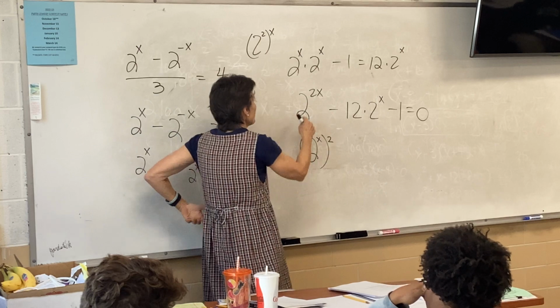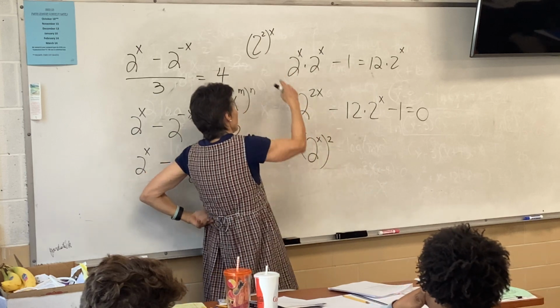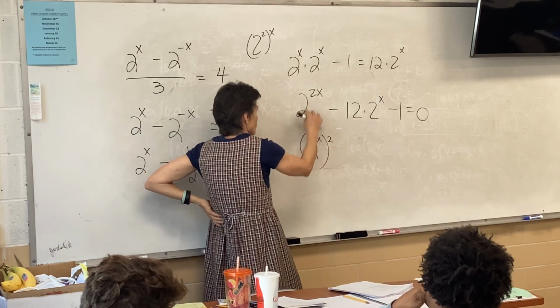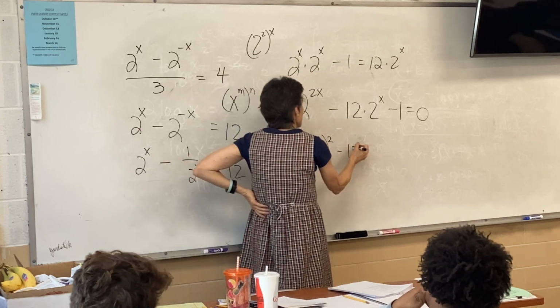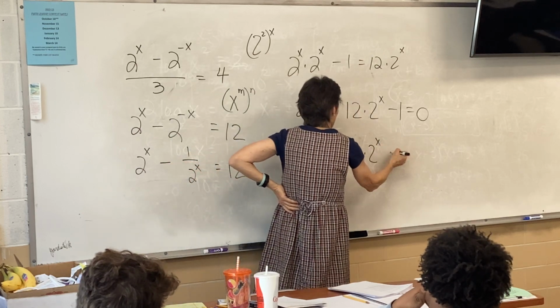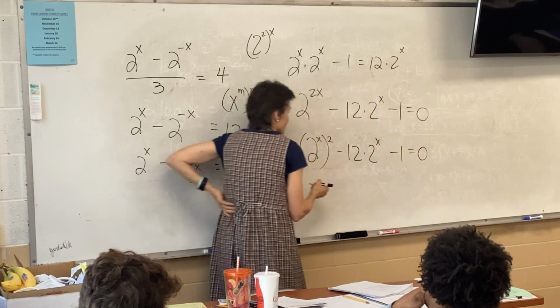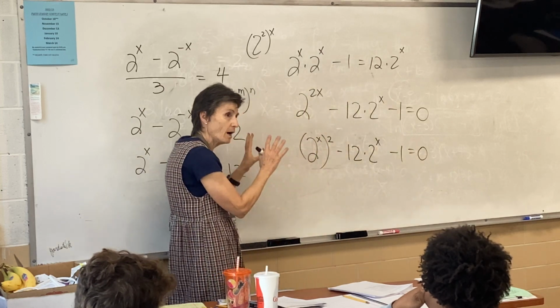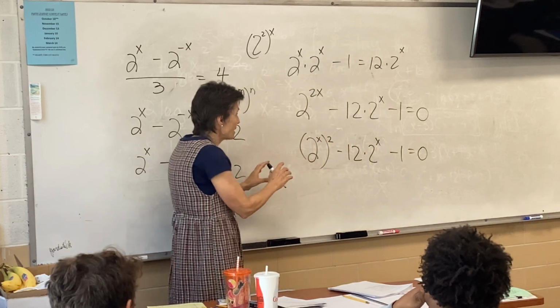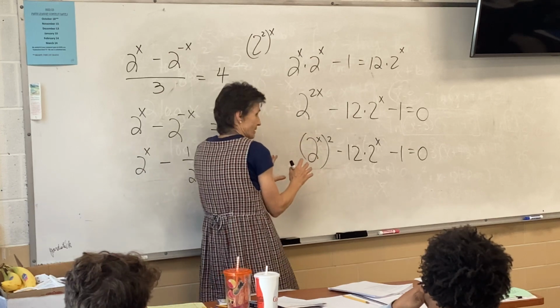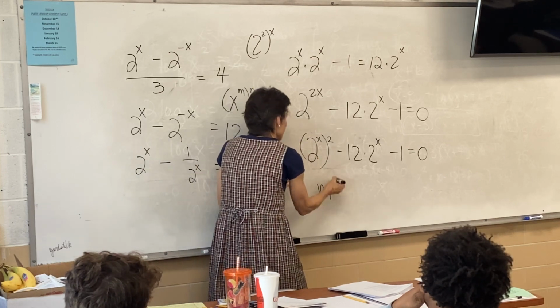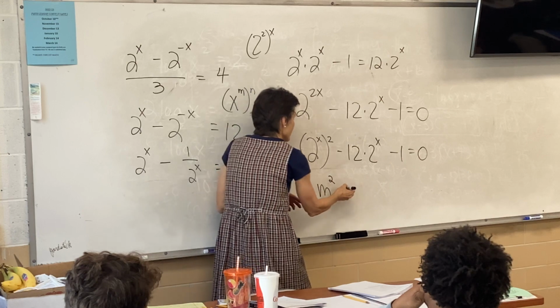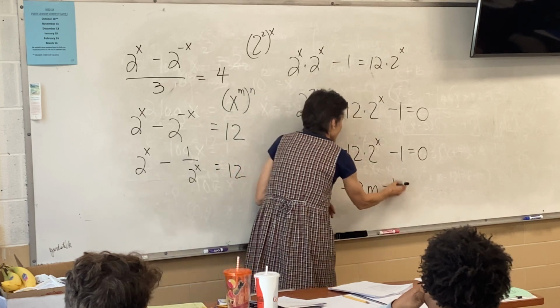Okay. So I could do this a couple different ways, but I choose to write it this way. Now, what I'd like you to think about for a minute is this. That is a very ugly equation. But isn't it basically, pick a letter, I'm using M, squared minus 12M minus 1?